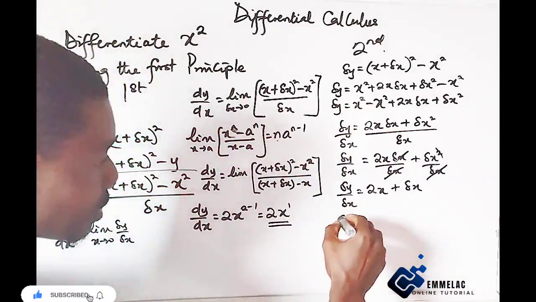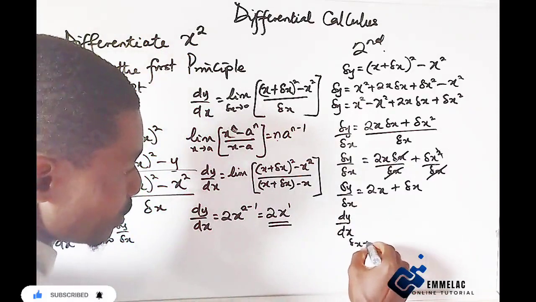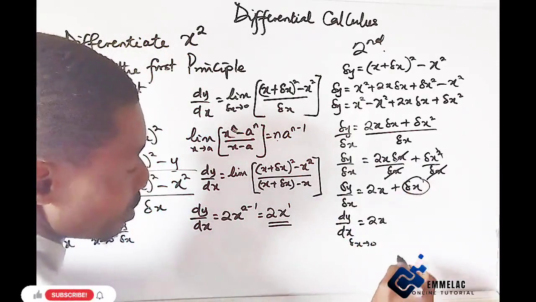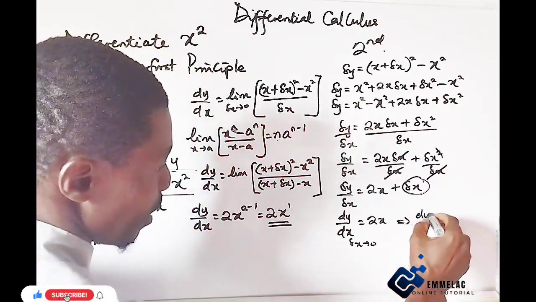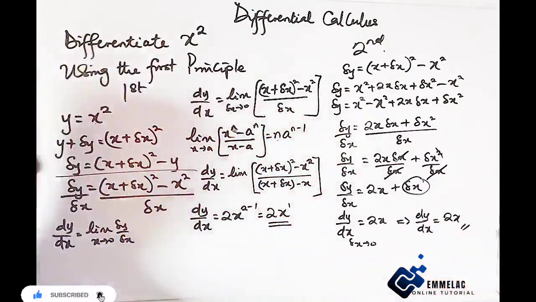So now dy over dx as change in x tends towards 0, we have 2x, and this change in x becomes 0. So here we have that dy over dx equals 2x.